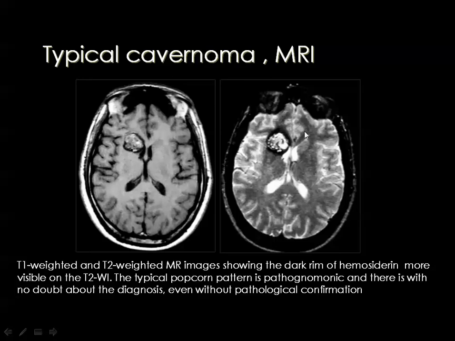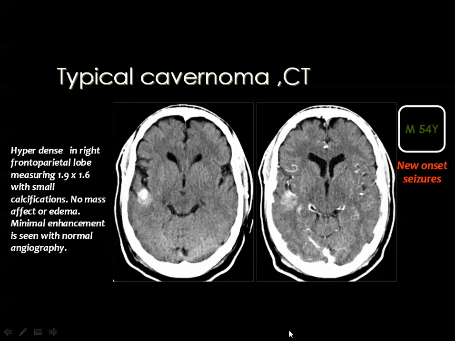Most of these lesions are not surrounded by edema, and if it is sizable, it may cause some mass effect. And this is the cavernoma by CT scan, the pre-contrast study and the post-contrast study, and you can see the difference is little, and there is no edema, there is no mass effect.